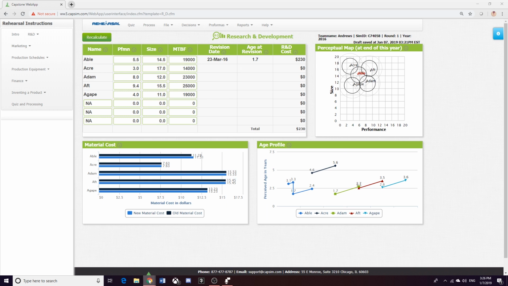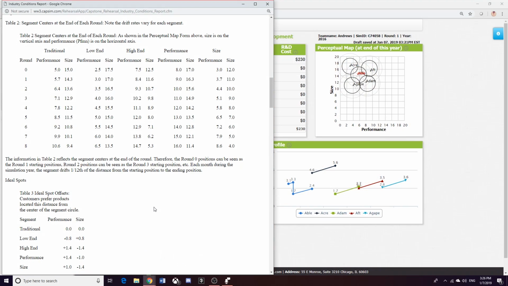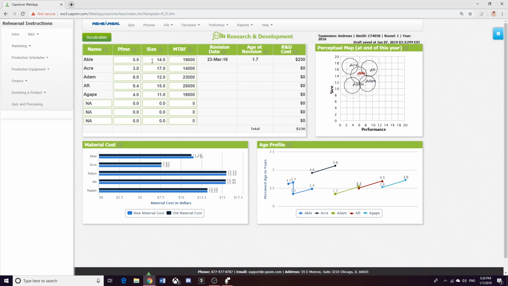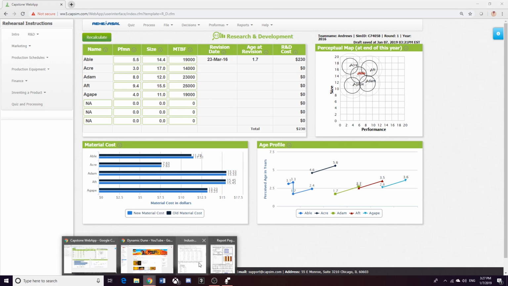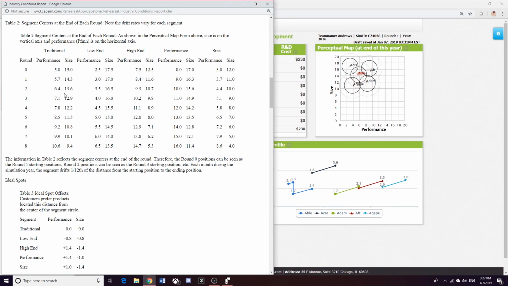So we go and say, okay, we can decrease size a little bit. We can decrease it by 0.1 in here. So we say 14.4. Because anyway, we're gonna have to decrease the size later. So this is gonna make our product a little bit better. You can also do the same thing with performance.